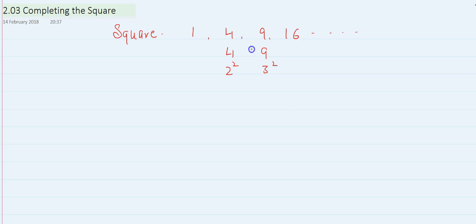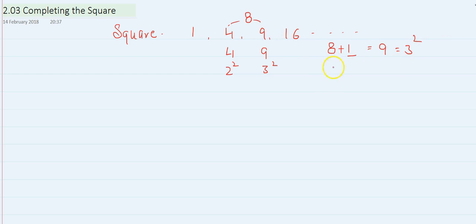Now if I ask about a number in between this, if I say 8, so to make 8 a square you have to add 1 to it. So that's why it's going to become 9 and that is 3 square.